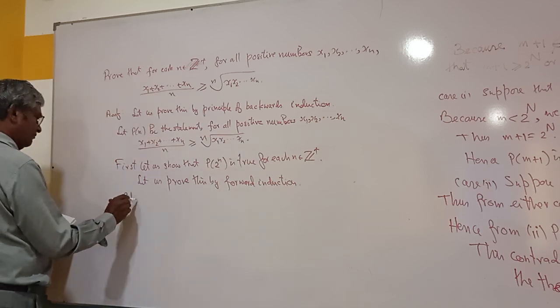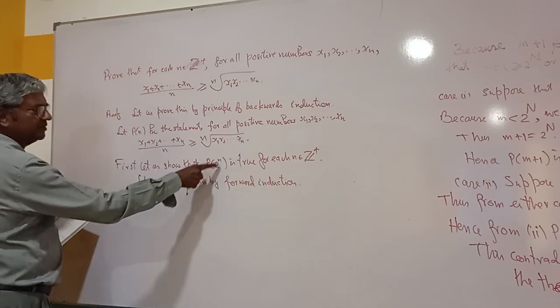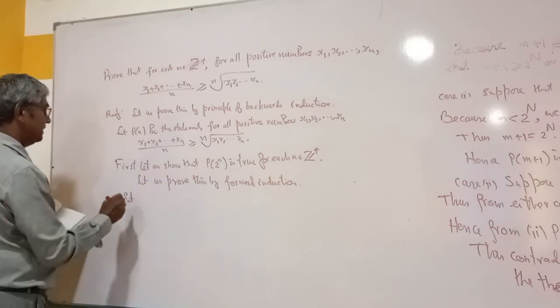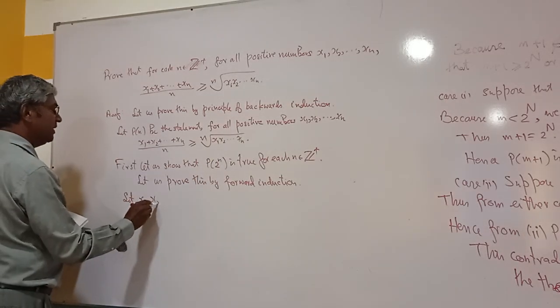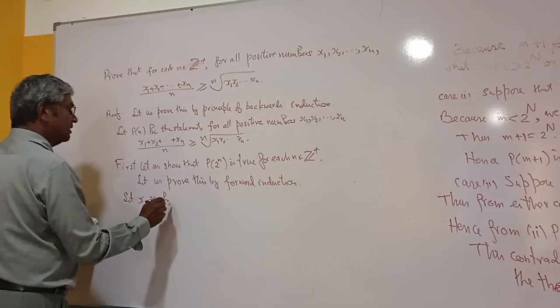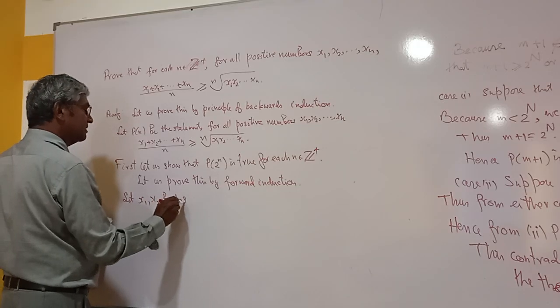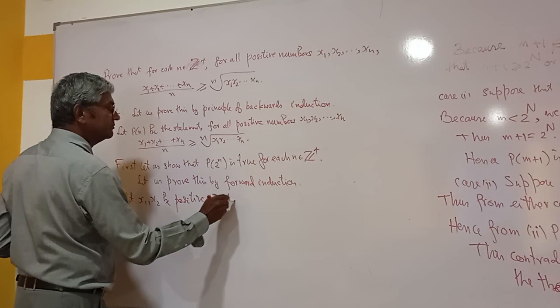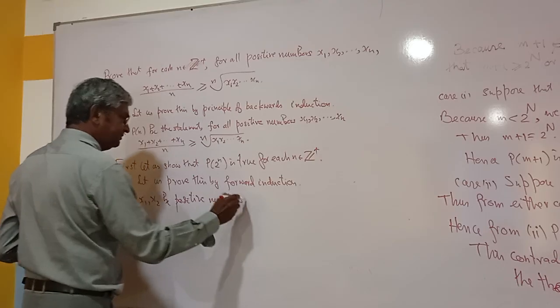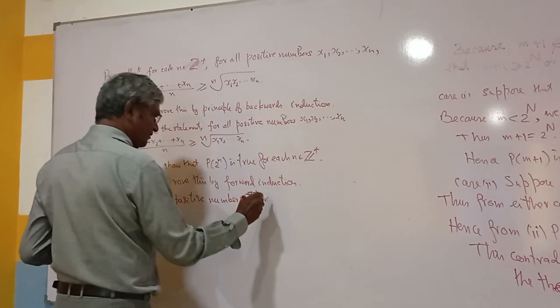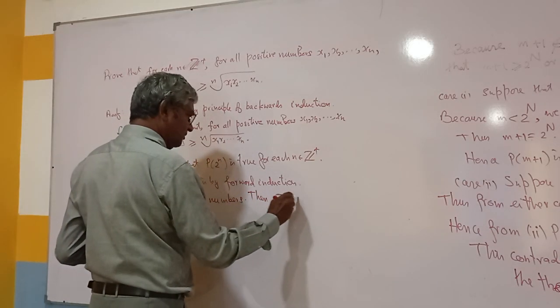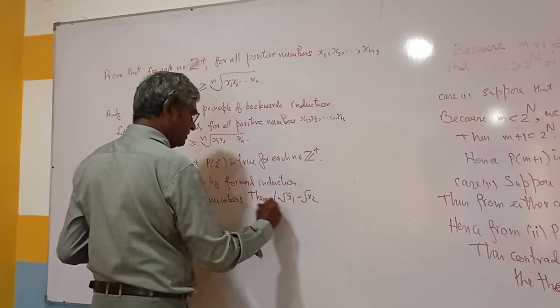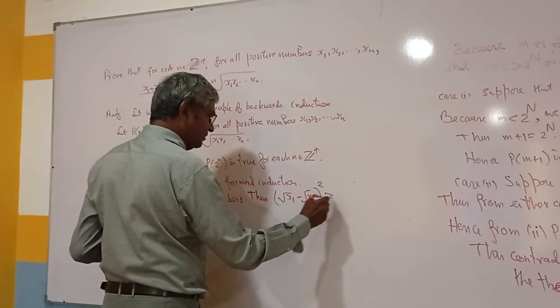First, we have to prove it for 2 to the 1. Let x1, x2 be positive numbers. Then the square root of x1 minus the square root of x2, squared, is greater than or equal to 0.